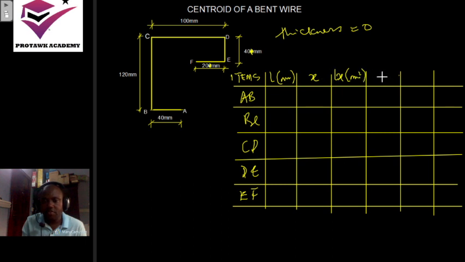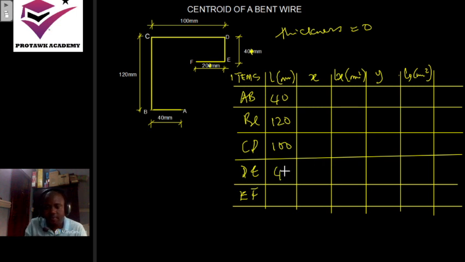Then this will be Y, and this will be LY in millimeter square. Our AB is 40, our BC is 120, our CD is 100, our DE is 40, and our EF is 20. So these are the dimensions.